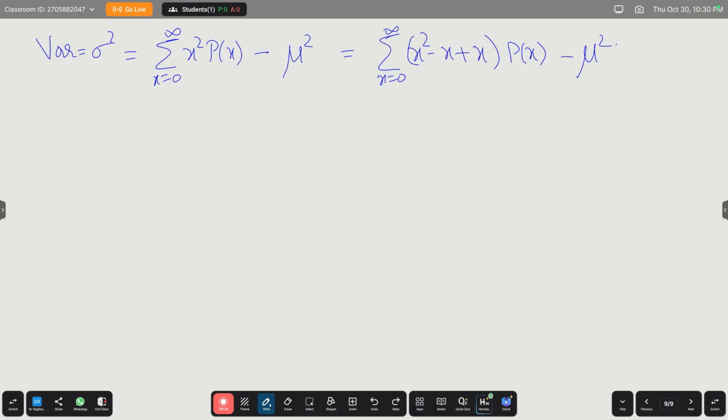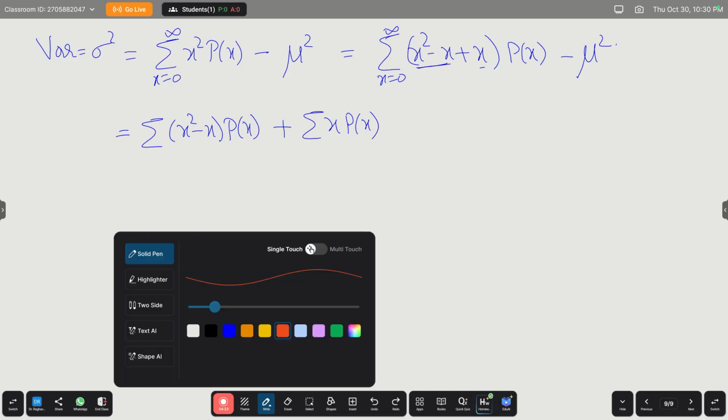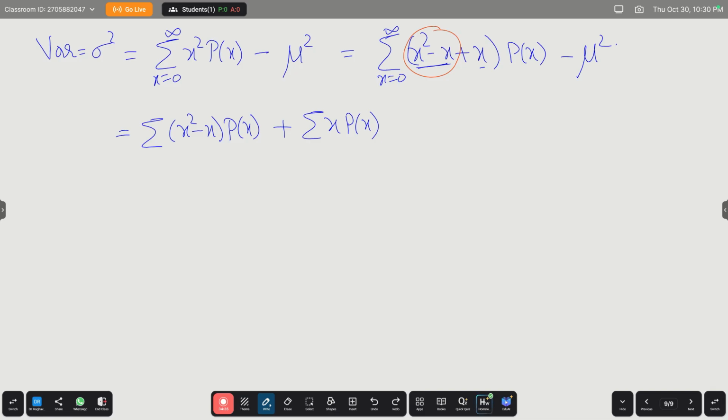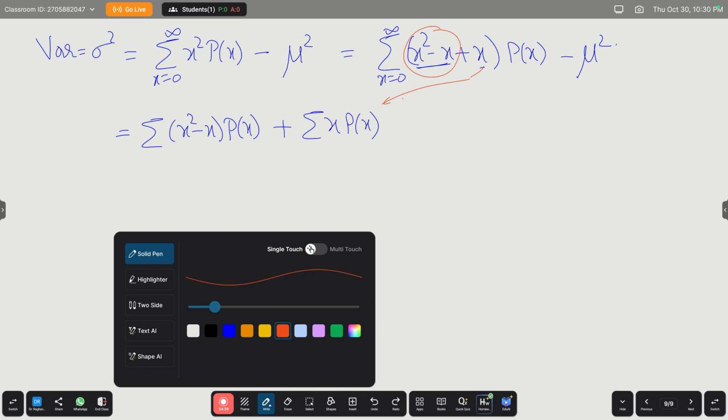And this separation of these two, x square minus x has one term, summation of x square minus x p of x as one term, plus summation x p of x as the second term. X square minus x is separated, and this x is in this term, x p of x.